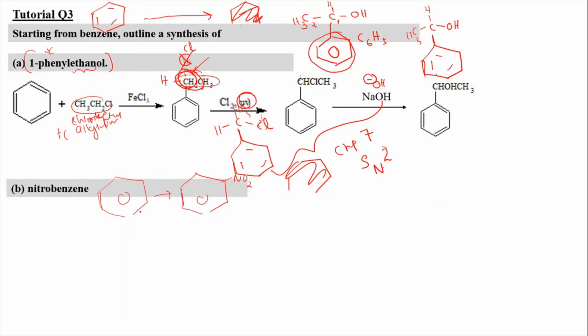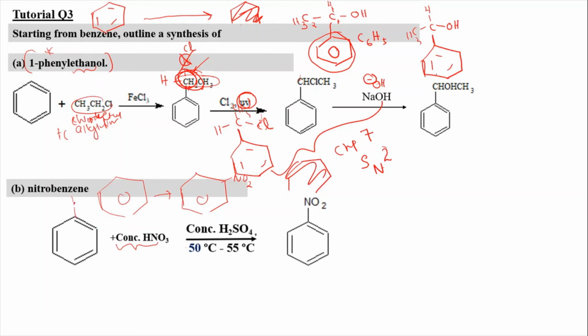So it will undergo a nitration reaction, where benzene is reacted with concentrated HNO3, which is nitric acid, together with the Lewis acid, which is concentrated H2SO4, at 50 to 55 degrees Celsius. As a result, the hydrogen here is replaced with NO2. And this is how you can get your nitrobenzene. Okay, and as mentioned, the reactant needs to be placed on the left hand side, not above the arrow. Alright.